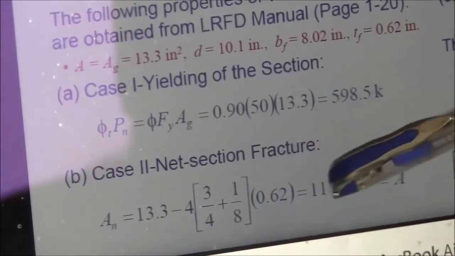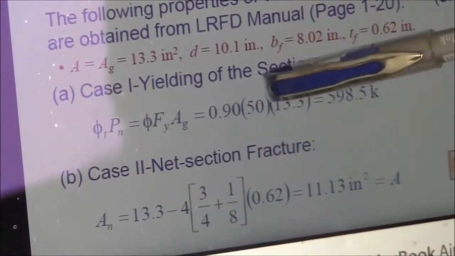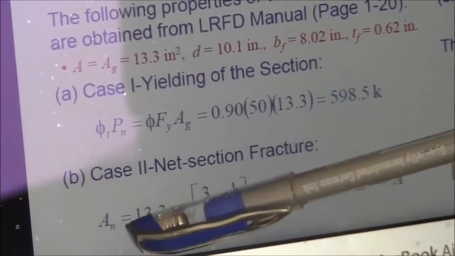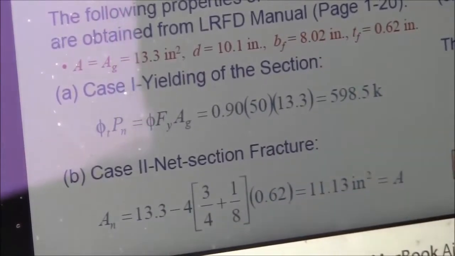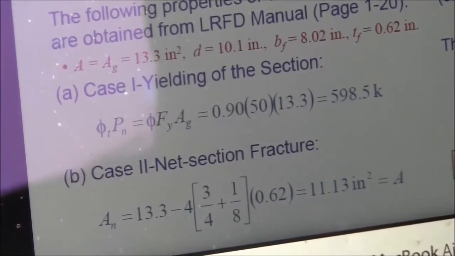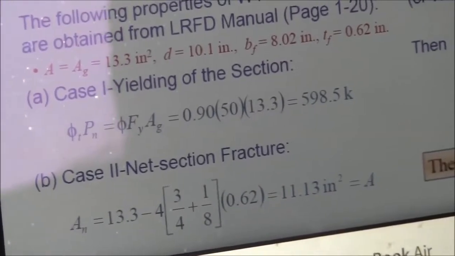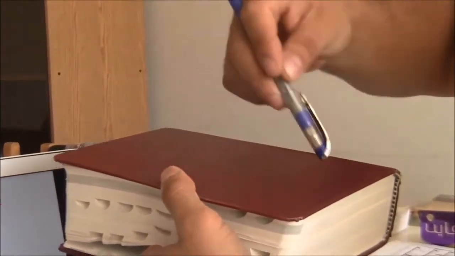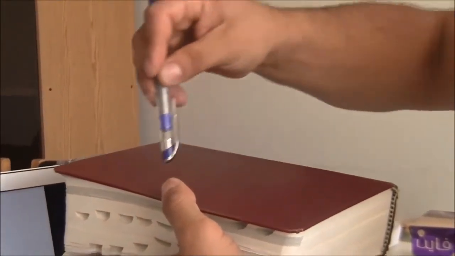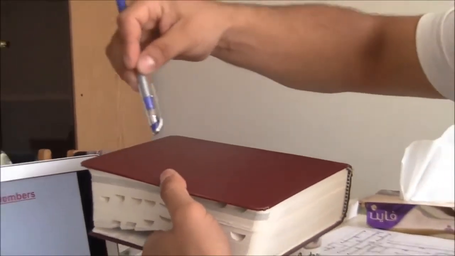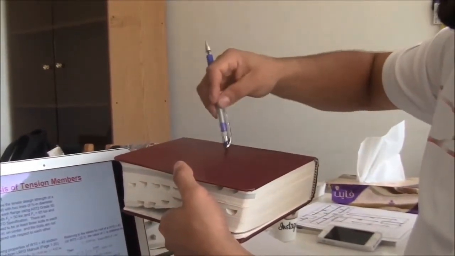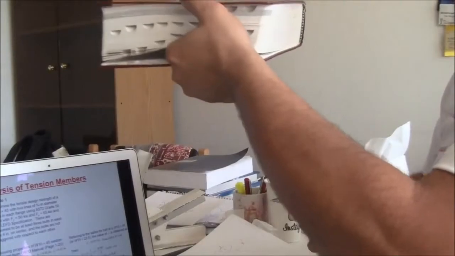Now the fracture case requires U and the net area. So An equals, we have to subtract the area of 4 bolts because in each flange we have 2. So this is the top flange, you have 1 bolt here and 1 bolt here, so 2 lines. So we have 1, 2, 3 in this line, then 1, 2, 3 in this line. Then at the bottom flange we have the same.